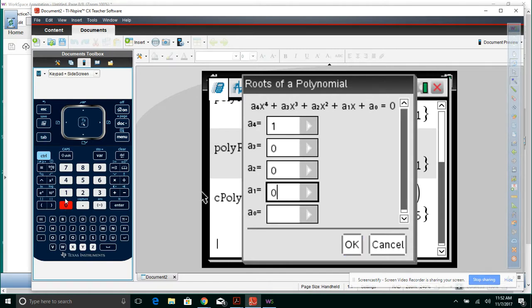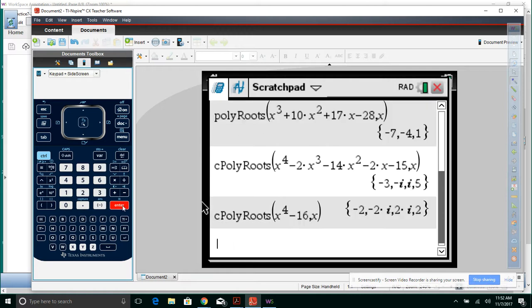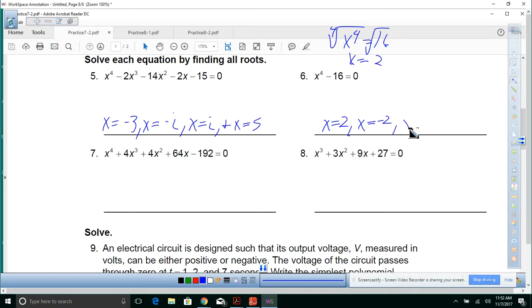You didn't have an x, so put a 0 there. And then you had minus 16. And press enter. x to the fourth minus 16. Perfect. Press enter. 2i and negative 2i. So x equals 2i and x equals negative 2i.